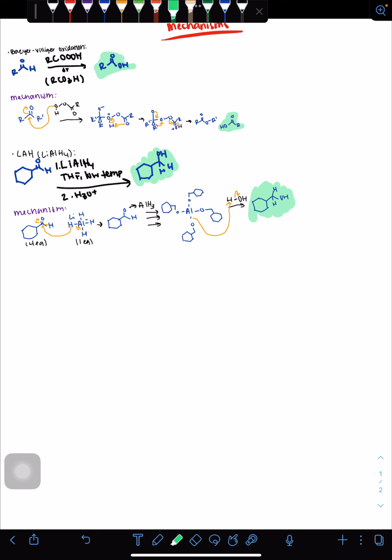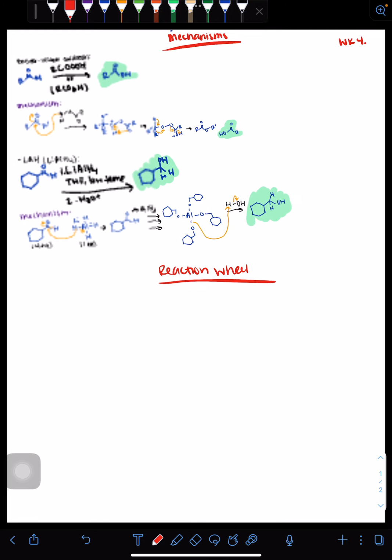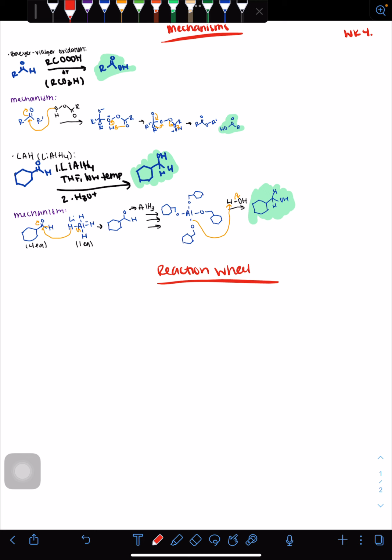And then finally, we're going to go on to the mini reaction wheel. I want to say this is for week 4, in case you wanted to know. So we had this, and we reacted it with Raney nickel reagent, which is this.